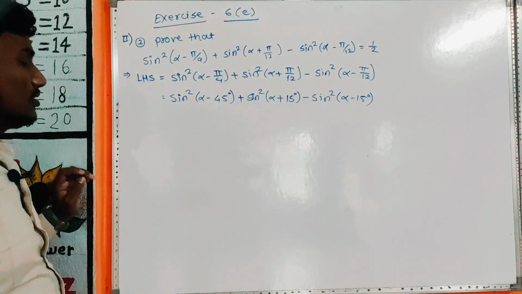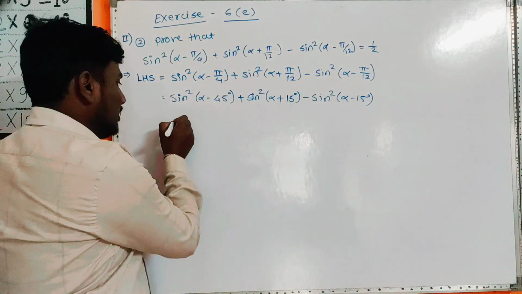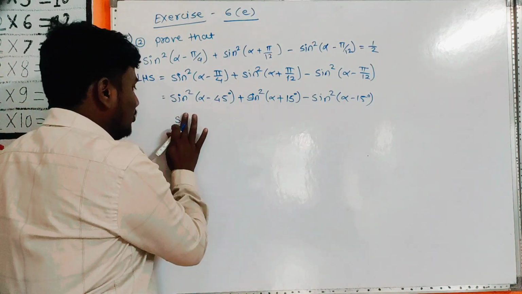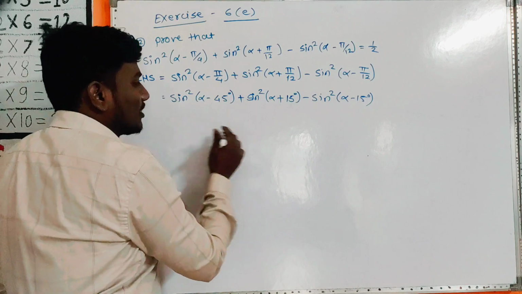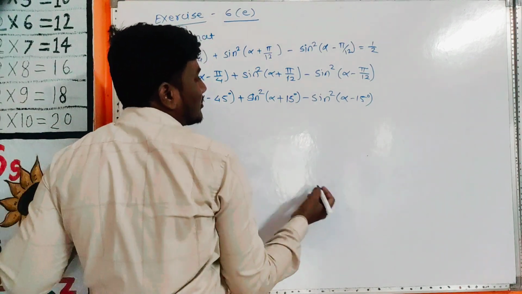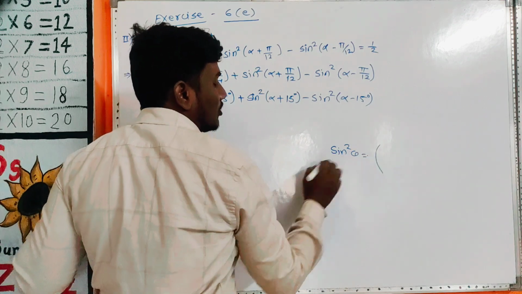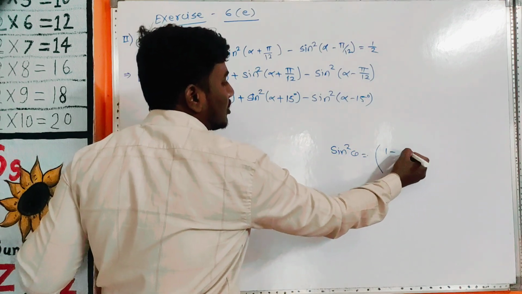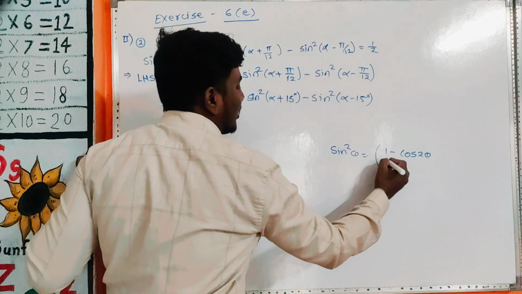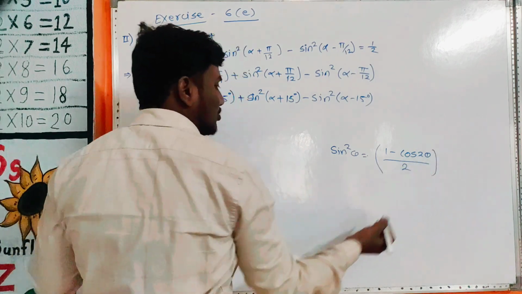Now next we know one formula: sin² θ is equal to (1 − cos 2θ) divided by 2. You can remember this formula.